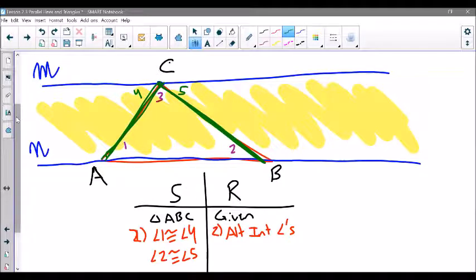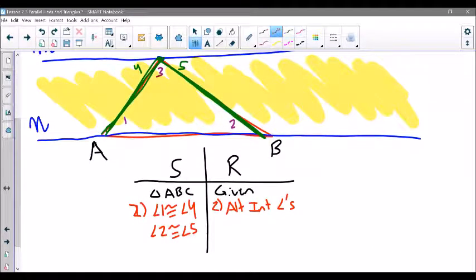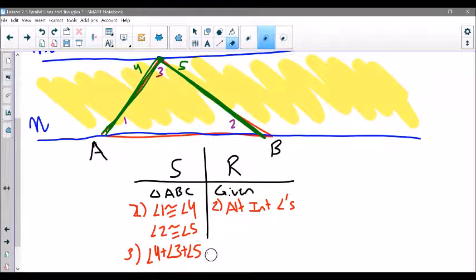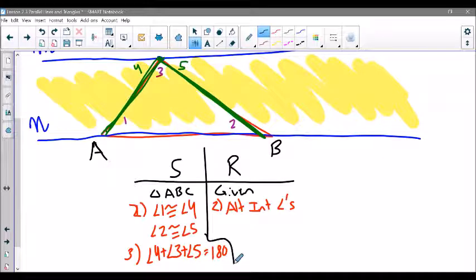Now here's what I'm going to say. If you look at angles 4, 3, and 5, angle 4 plus angle 3 plus angle 5, all 3 of those equal 180 degrees. How can I say that?